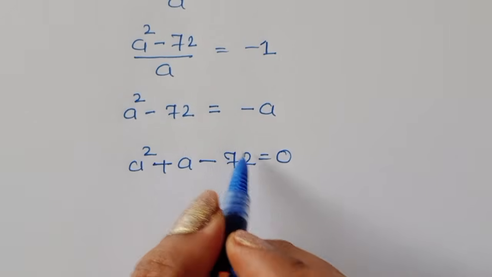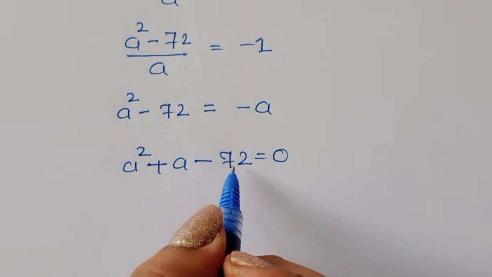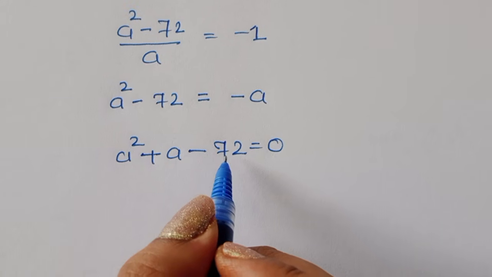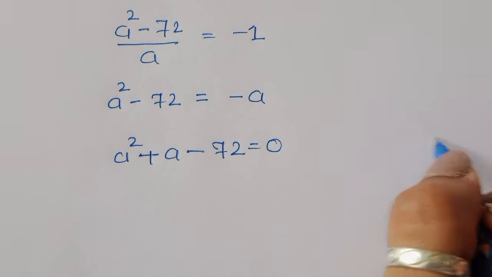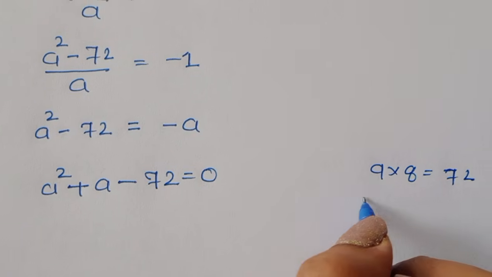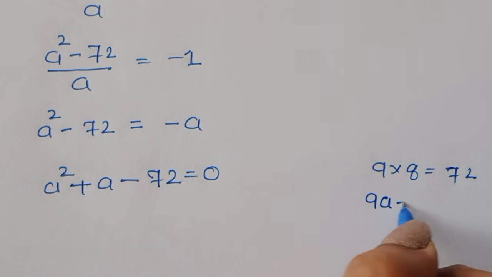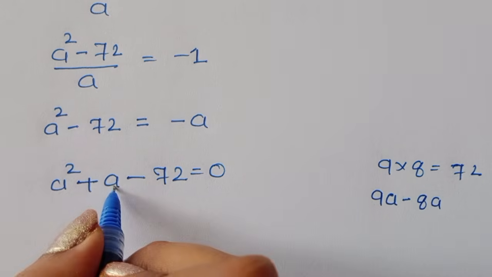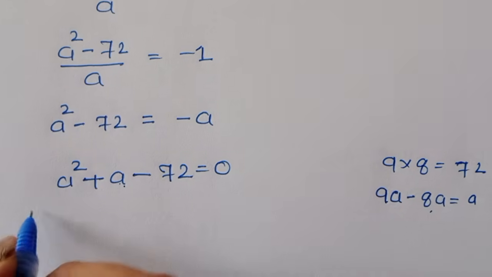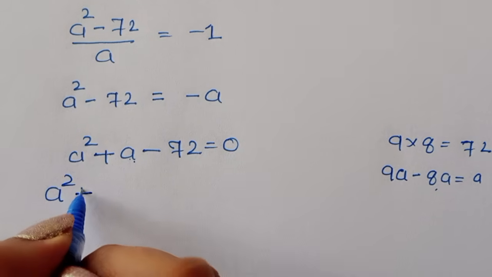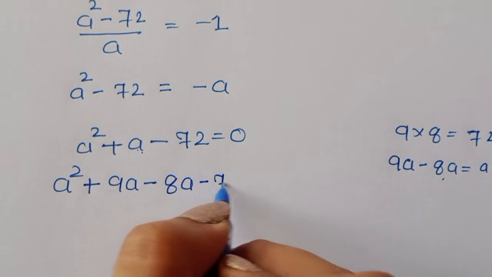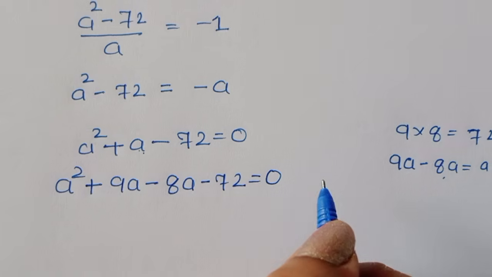Now factors of 72 are 9 and 8, 9 times 8 is 72, and plus 9a minus 8a is equal to a. So we are using these two factors here: a square plus 9a minus 8a minus 72 is equal to 0.